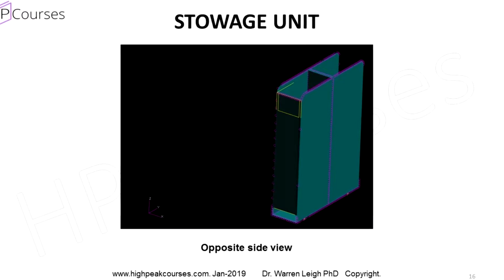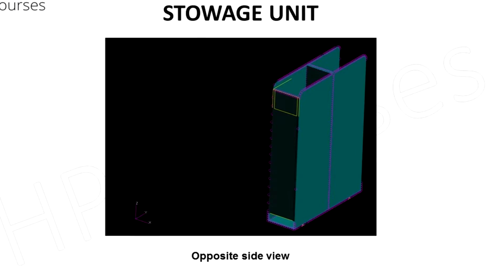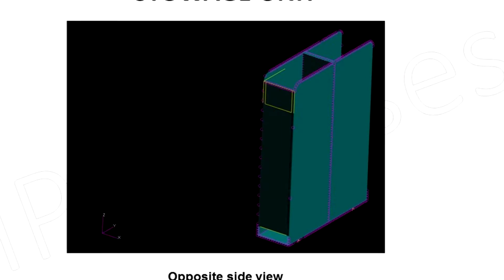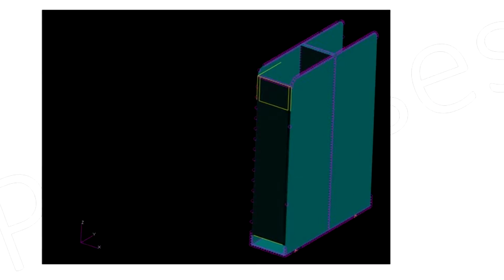This image shows the internal configuration of the stowage structure. That's the centre vertical partition. Here's another view of the centre vertical partition panel, and you may see purple dots in various places.